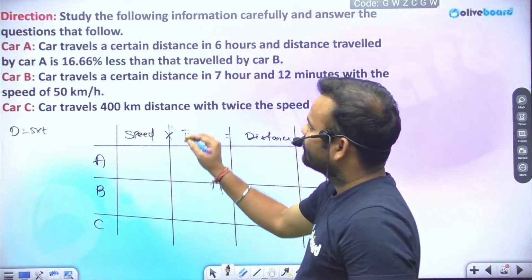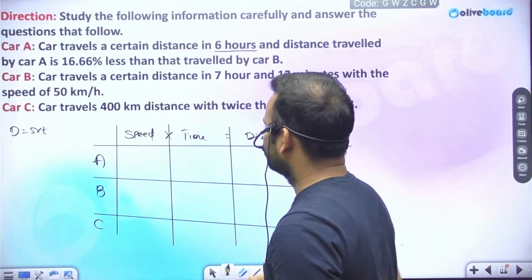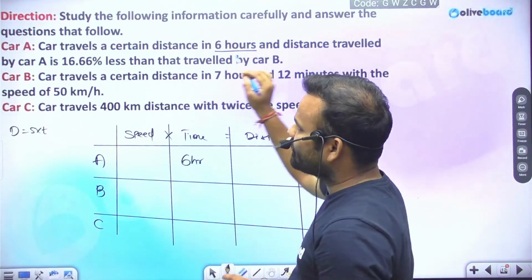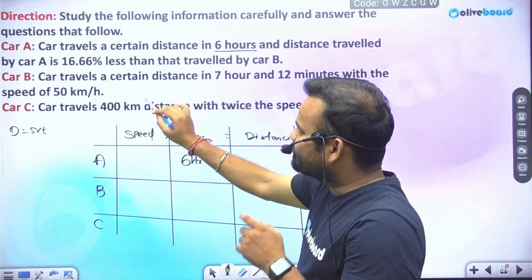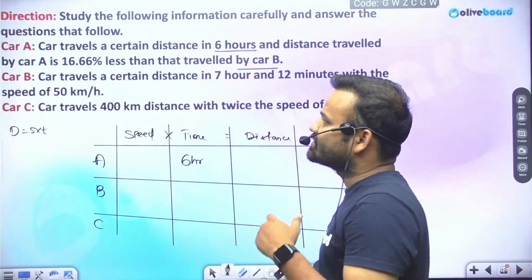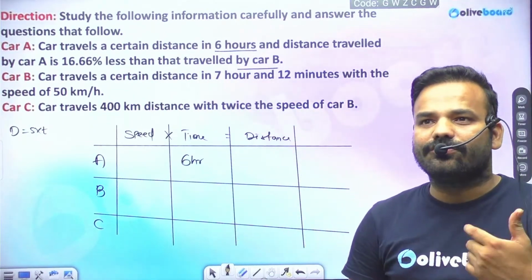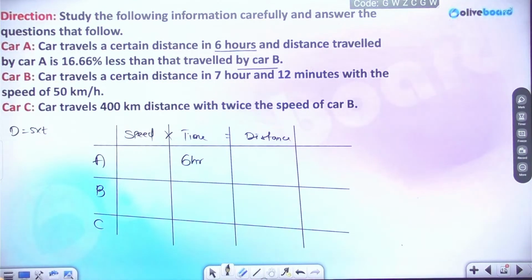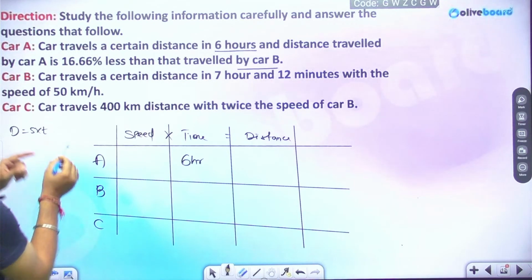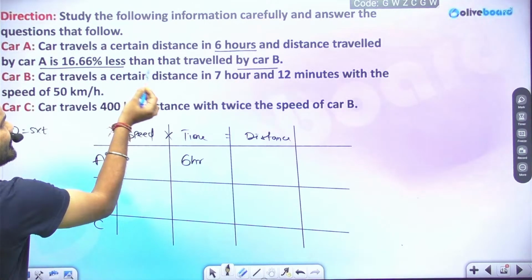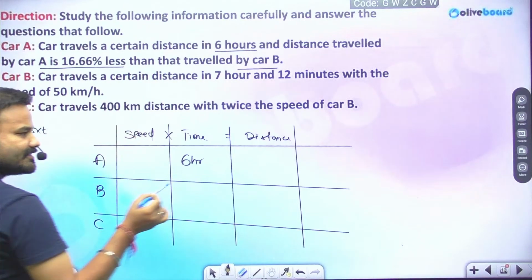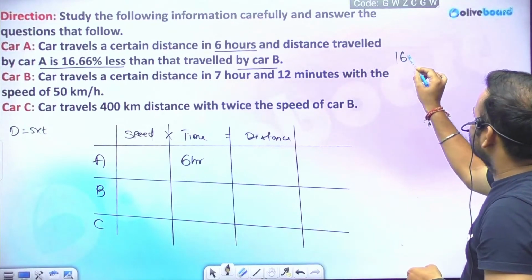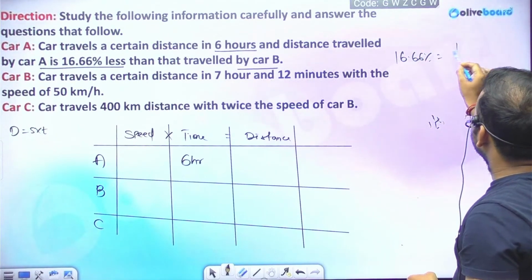Car A travels a certain distance in 6 hours. So car A is taking how many hours? 6 hours. And the distance traveled by car A is 16.66% less than that traveled by car B. Okay, the distance traveled by car A is less as compared to car B. What is 16.66%? 16.66% is 1 by 6.